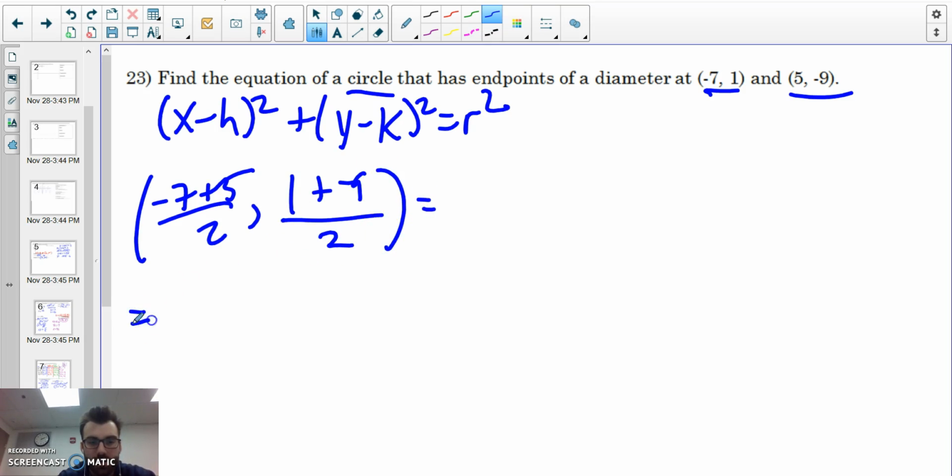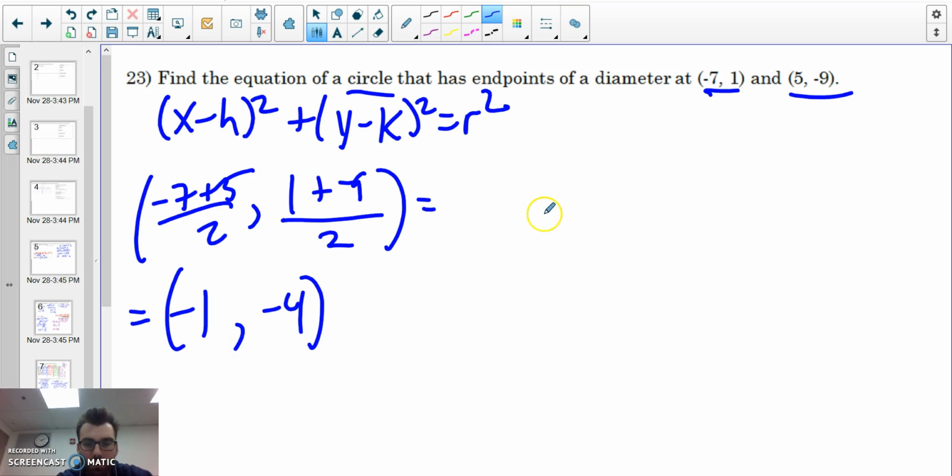And I should get as my center -7 plus 5 is -2. -2 over 2 gives me -1. -1 plus 9 is -8. -8 divided by 2 gives me -4. So that's my center.